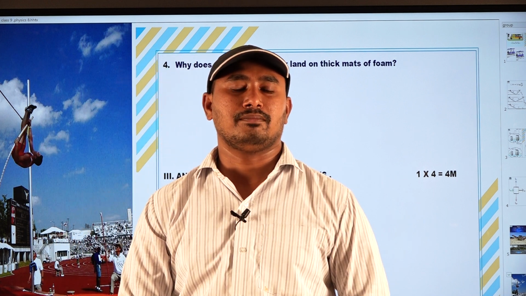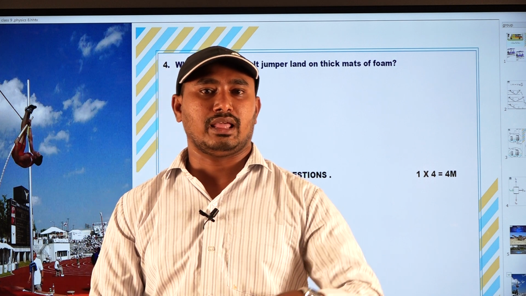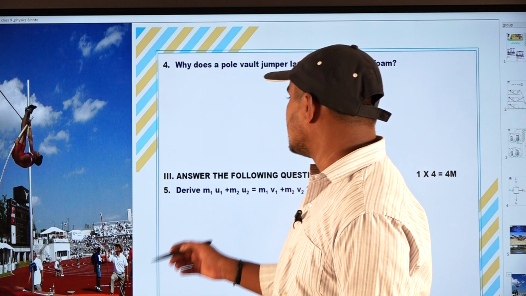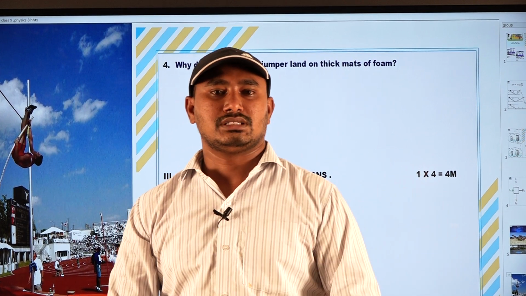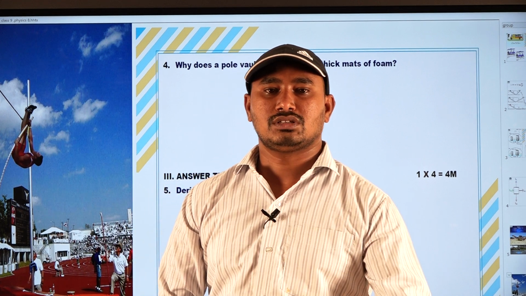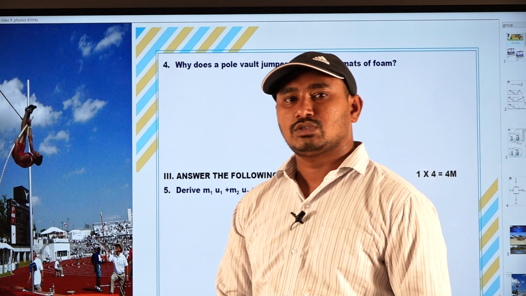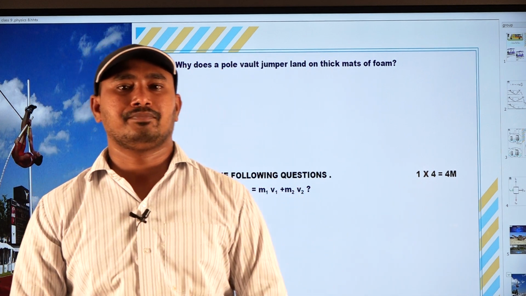When the jumper lands on this type of mat, it is safest, because it reduces injuries and reduces the force, which is why the thick foam mat acts like a cushion.